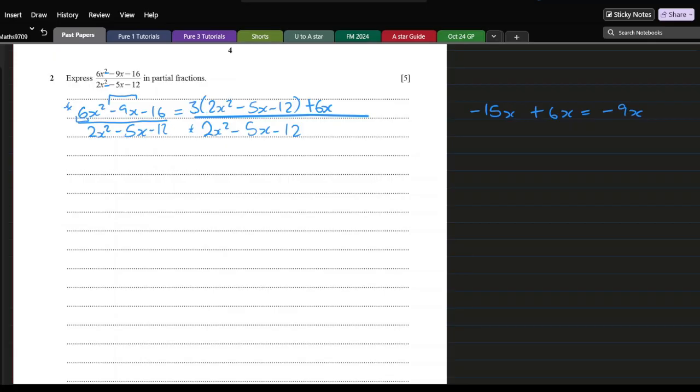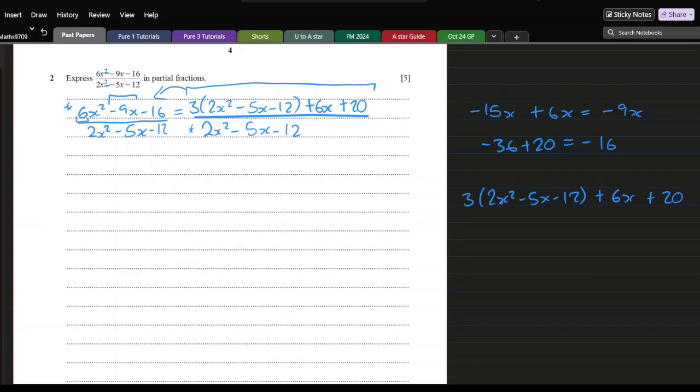Then for the term independent of x, we've got 3 times negative 12, that's negative 36, and we want to get negative 16. So to do that, we need to add 20. We'll do that outside the bracket. The idea is that if we simplify what we have here, it should equal what we have on the left. So we can check on the side: 3 times (2x squared minus 5x minus 12) plus 6x plus 20.